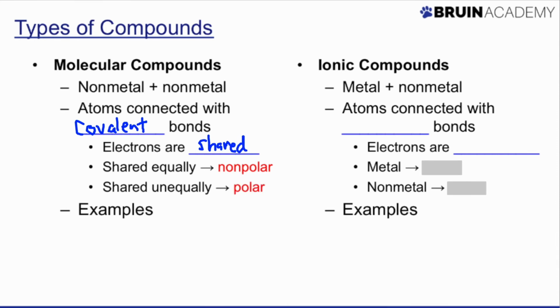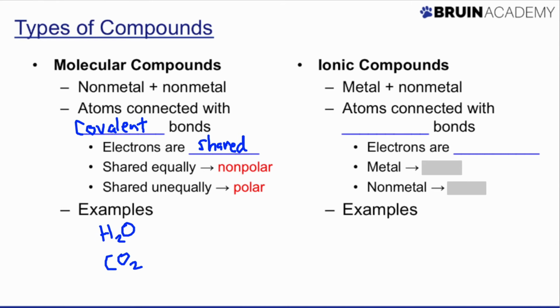Okay, so examples of some molecular compounds you see, some are very common. So for instance, water, H2O, right? 2 nonmetals bonded to each other via covalent bonds. Maybe another one is CO2, right? Carbon dioxide, what we exhale all the time, okay? So examples of molecular compounds.